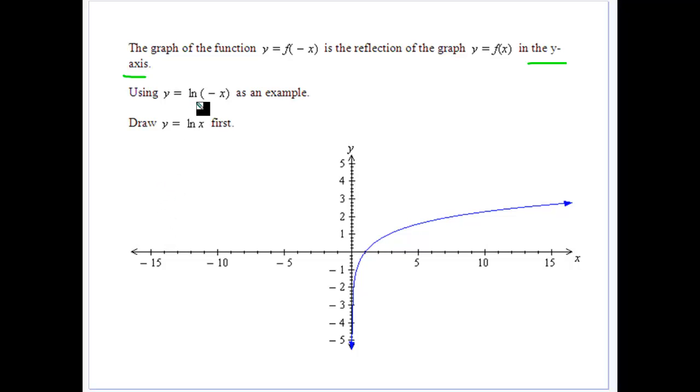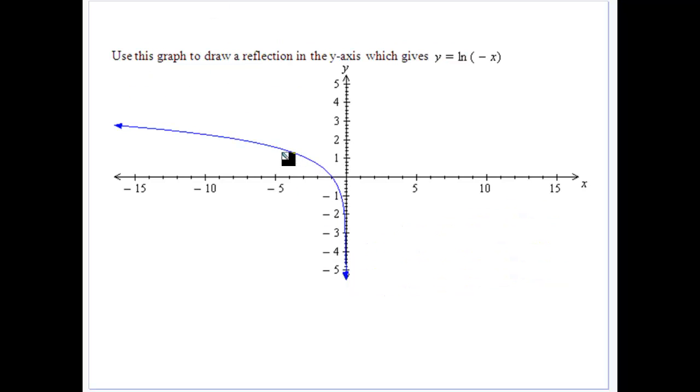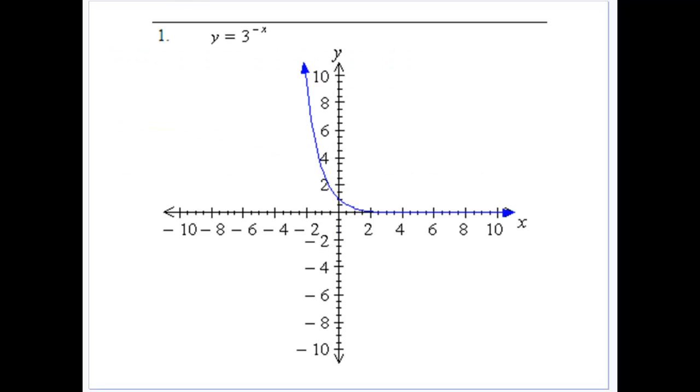So using natural log of minus x, we draw natural log of x up first, and then we reflect it in the y-axis, because basically we're putting in what was minus 5, so minus of minus 5 would have been 5, so whatever the value of natural log of 5 would be. So that's how we do these ones.